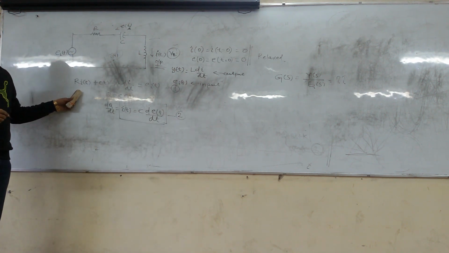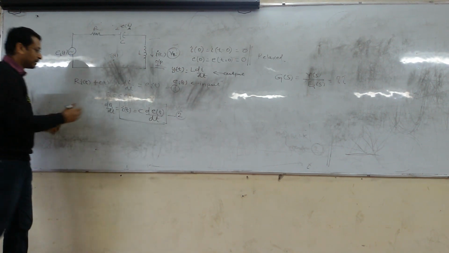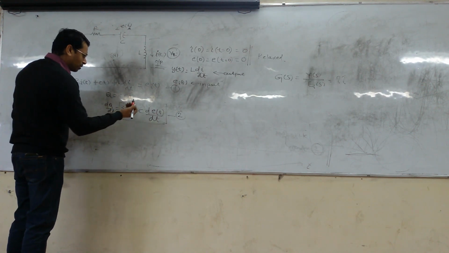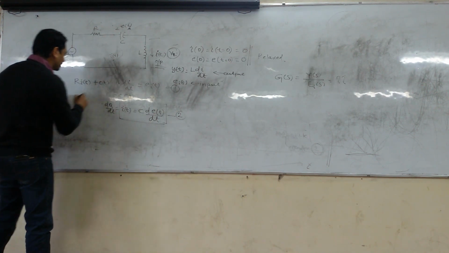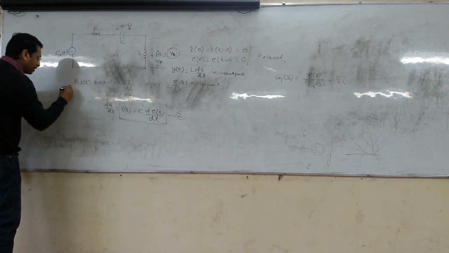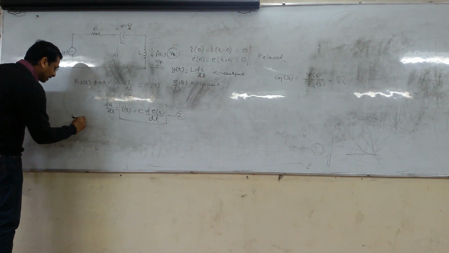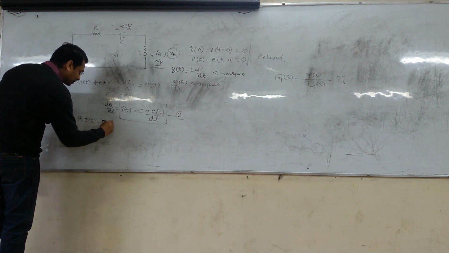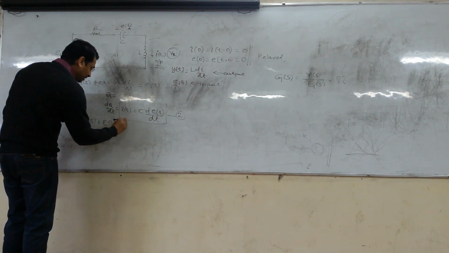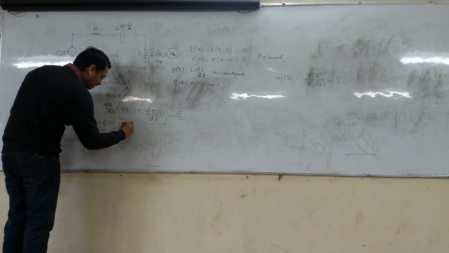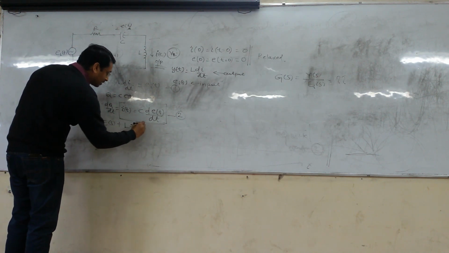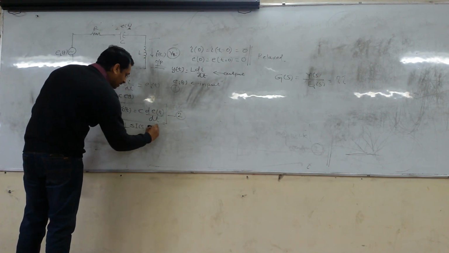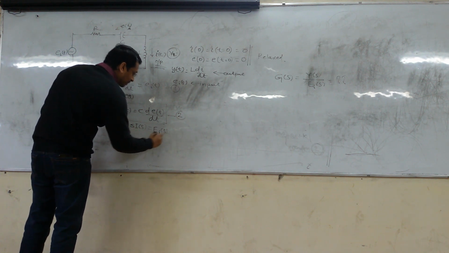Take the Laplace transform of equation 1. Laplace transform of equation 1 will lead to what? R I(s) plus E(s) plus L multiplied by S into I(s) will be equal to E_i(s).